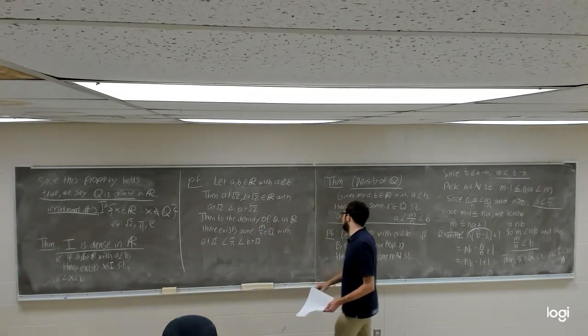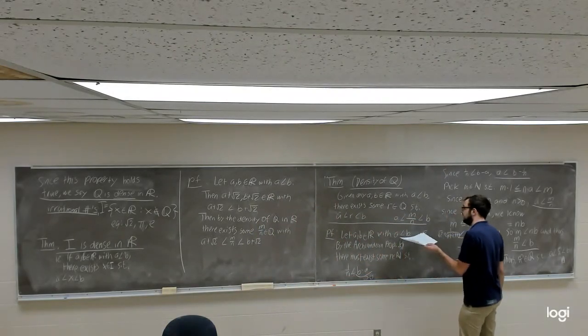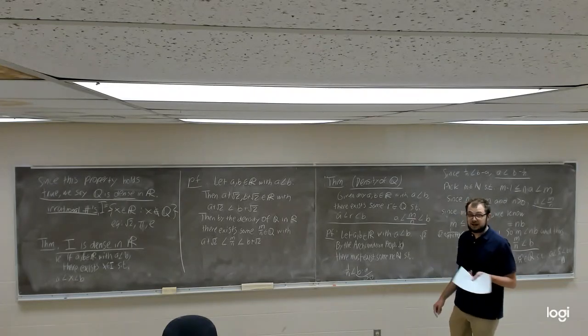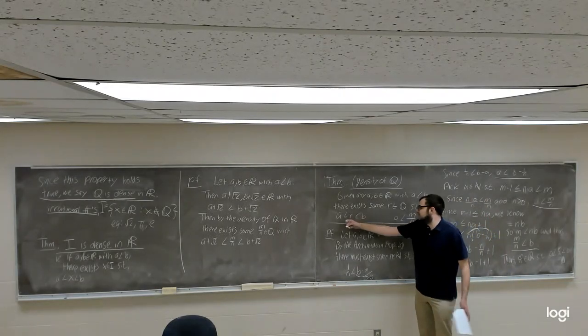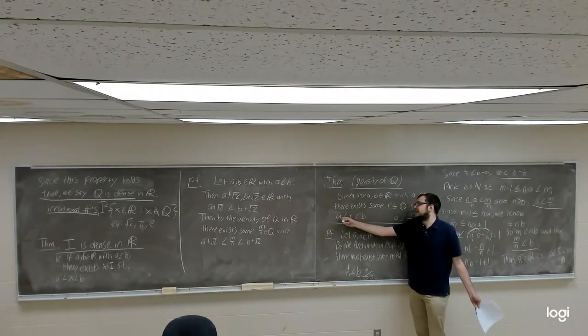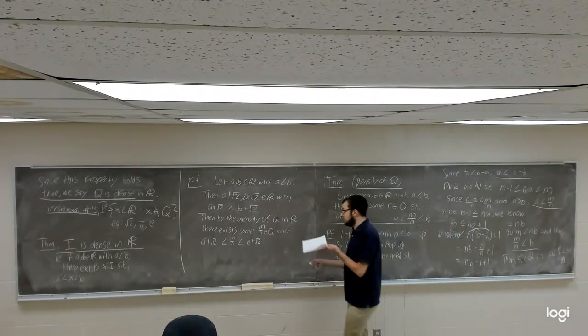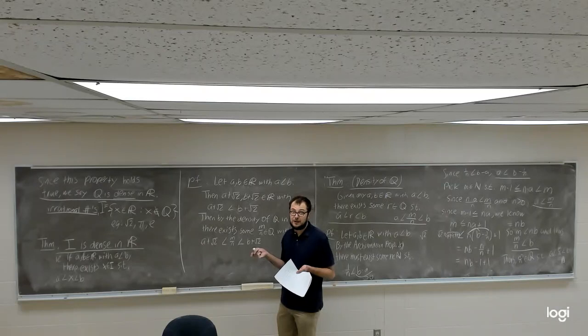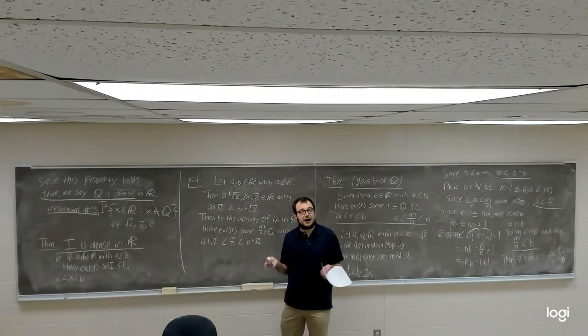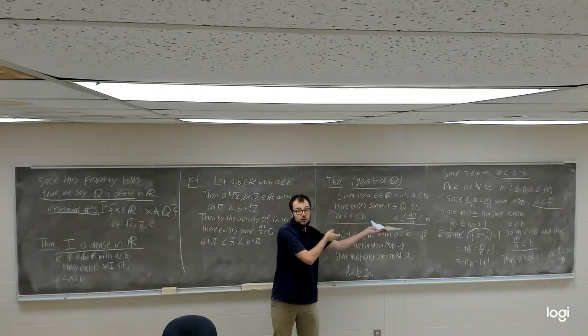So essentially what I'm doing is I'm just using this result here, that between any two reals there's a rational number, and we're just replacing a and b in this statement with a plus root 2 and b plus root 2. Since a plus root 2 is less than b plus root 2, there has to exist some rational number in between by this result over here.